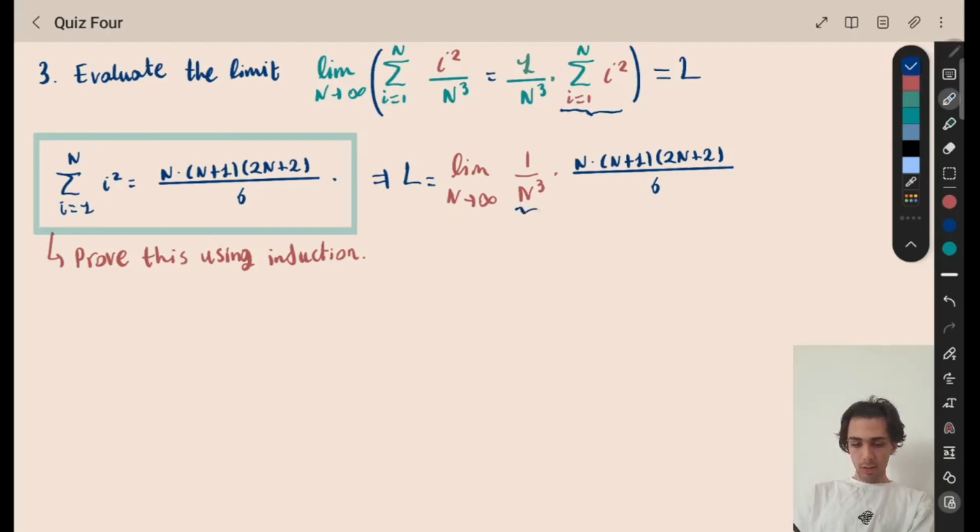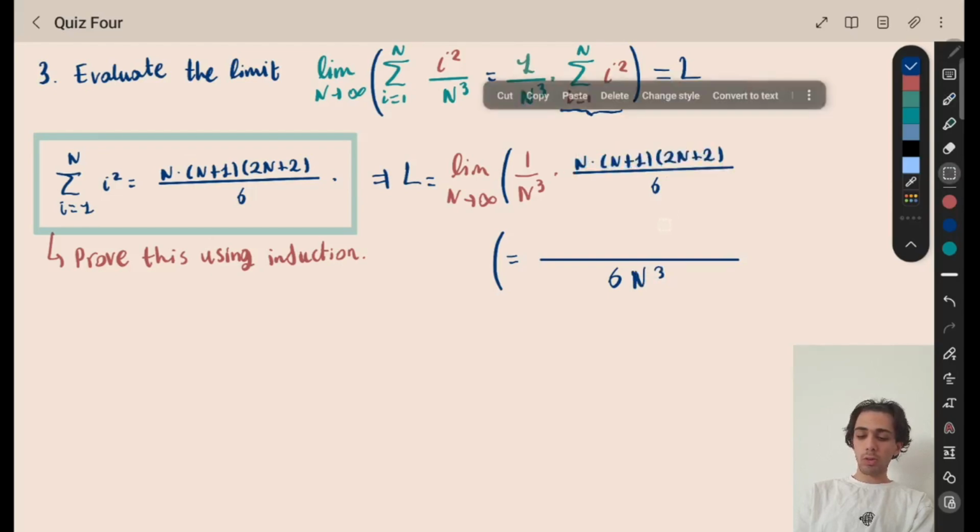This is a degree 3 polynomial downstairs, times 6, of course, it has a coefficient of 6 now. Maybe I'll write it here. So we have 6n cubed. And here we have this expression. Now there are two things you could do.